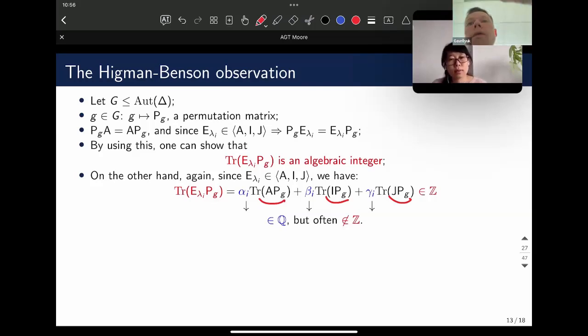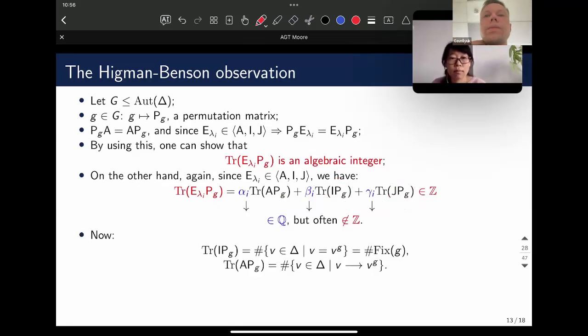Well, for example, this trace is trivial to compute, it is just the number of vertices. So we multiply the all ones matrix by a permutation matrix, and then compute its trace. So it's just the number of vertices. Then this trace, identity times permutation matrix, is just the trace of the permutation matrix, and this is the number of points which are fixed by the automorphism G. And now this term, the trace of A times the permutation matrix, has the following interpretation.